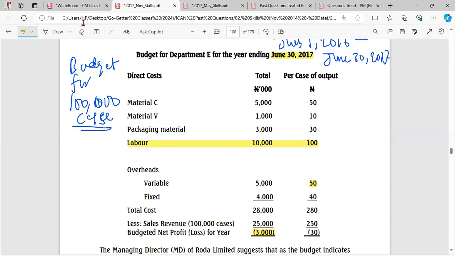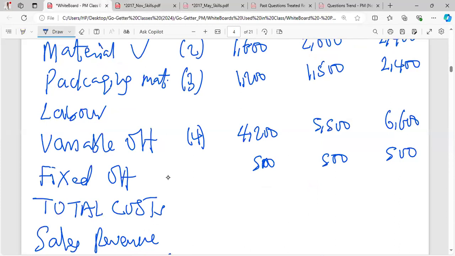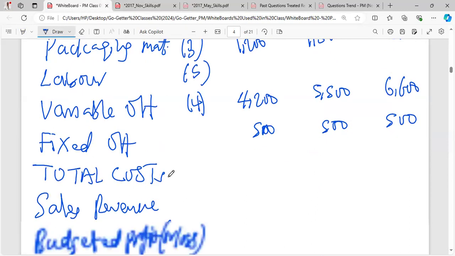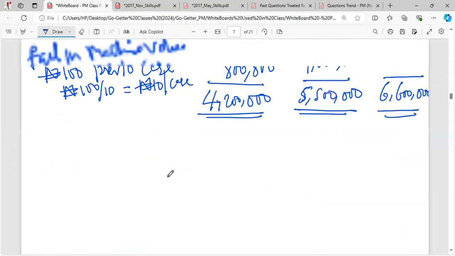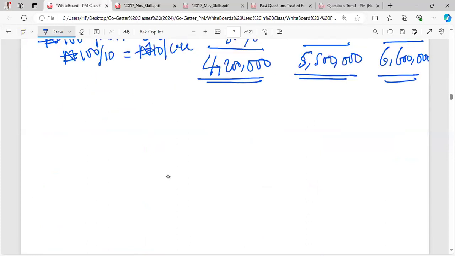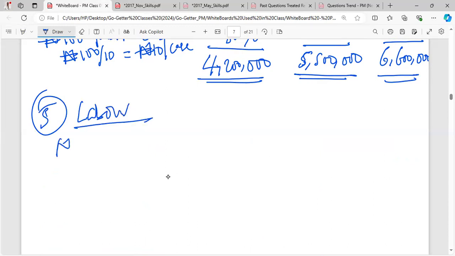So let's go here and say workings number 5. Labor, 100 naira per output.